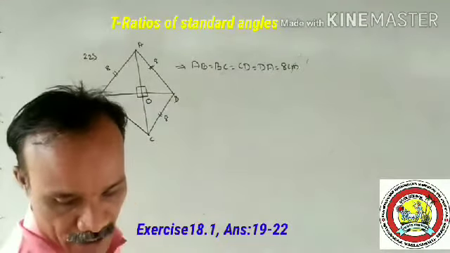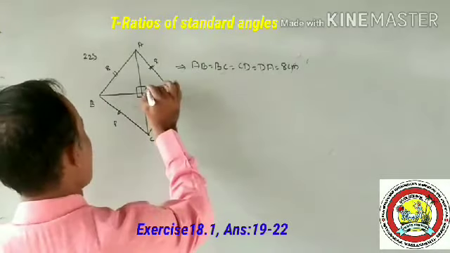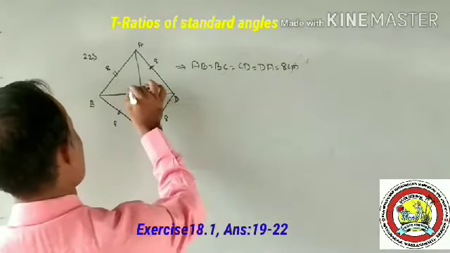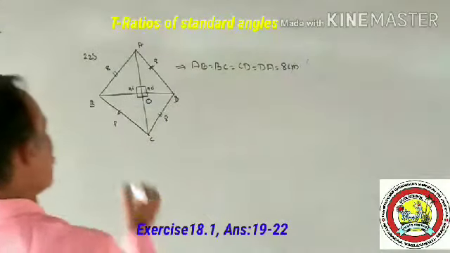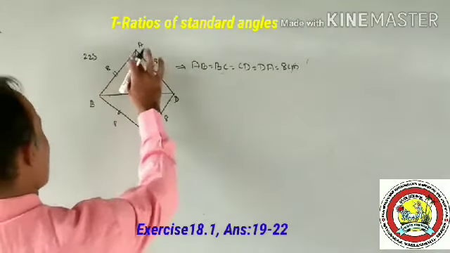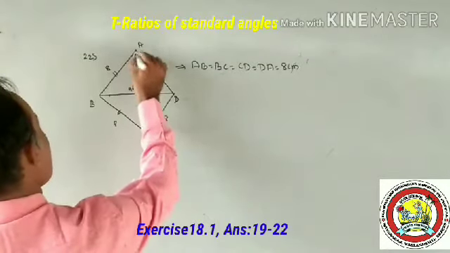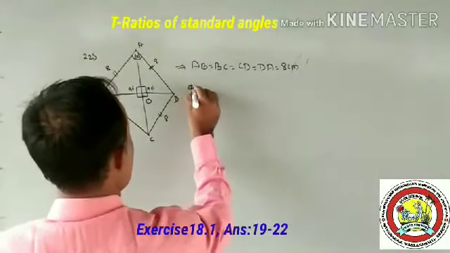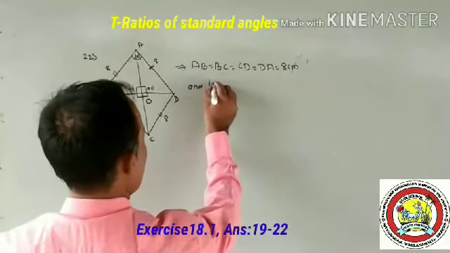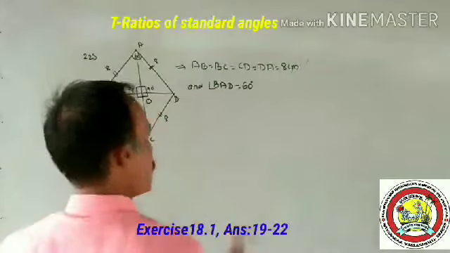Next, one angle is 60 degrees, any one angle. Here it is 90 degrees, so any one you take. Here also 90 degrees. I will take angle A, better you take this one, 60 degrees. Angle BAD, complete angle BAD, not BAO, is equal to 60 degrees.